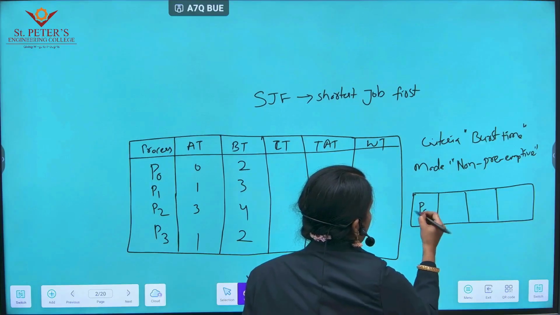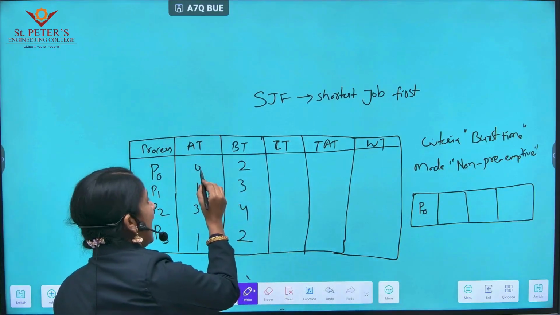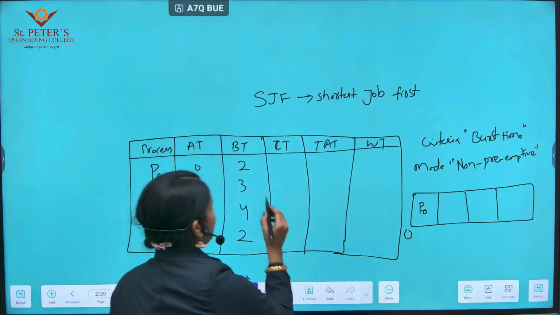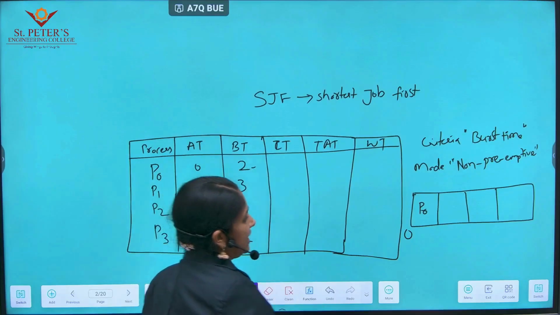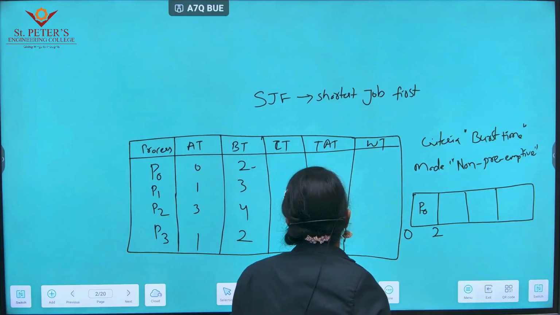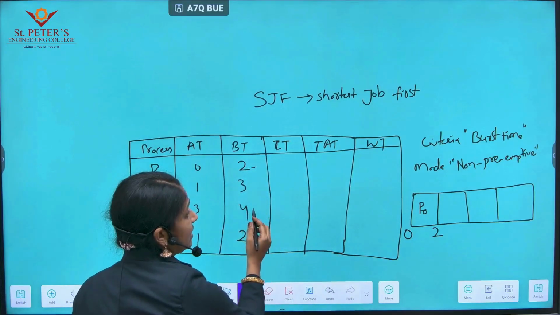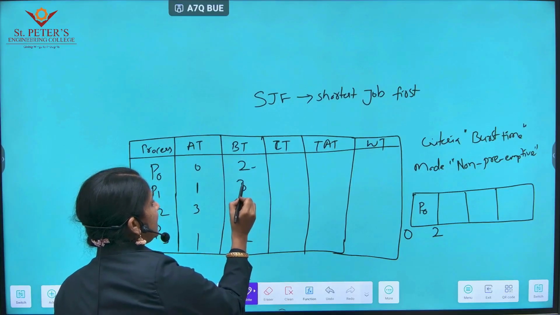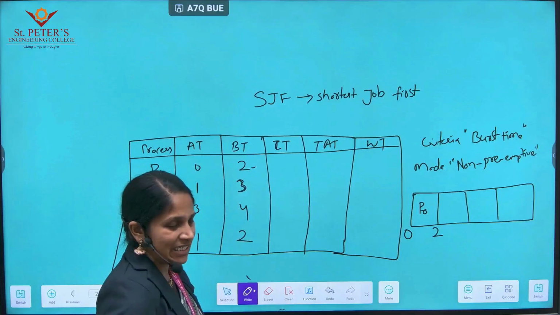First P0 came at arrival time, that is 0 milliseconds. And it will complete within 2 milliseconds. Completion time is 2. Next P1 came at 1 millisecond, and it will complete within 3 milliseconds.